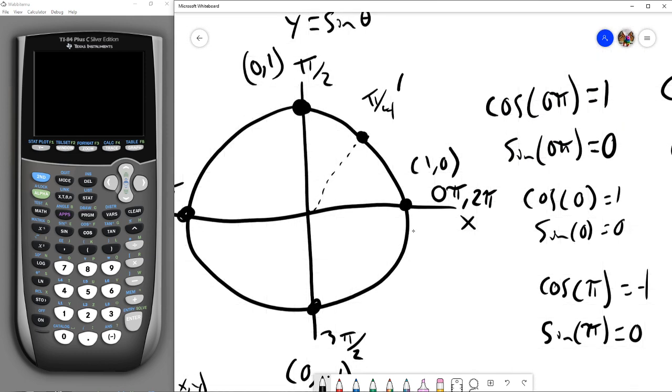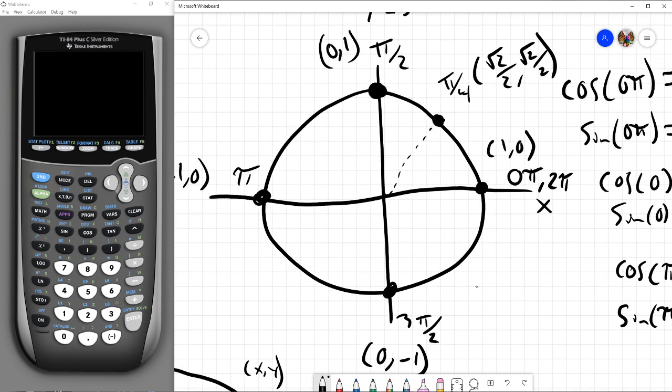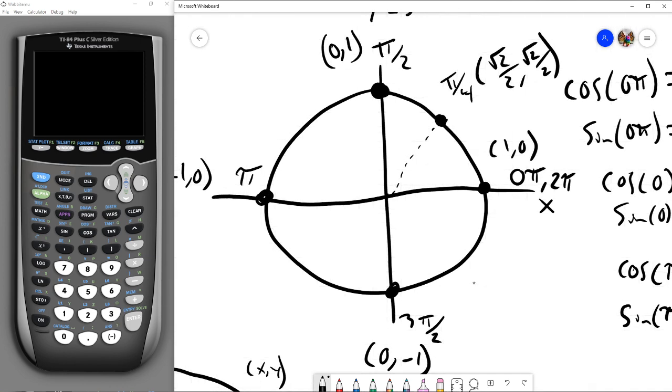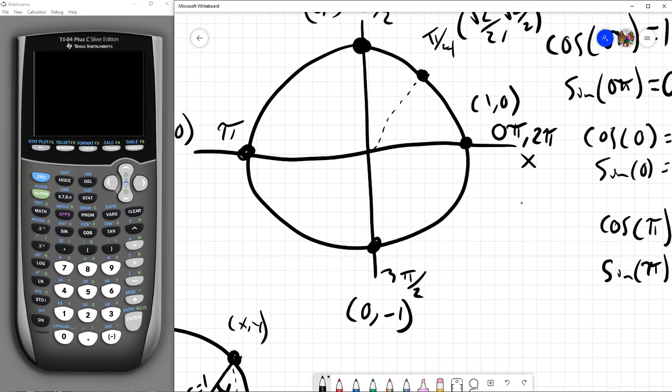So our coordinate here is square root 2 over 2, comma, square root 2 over 2. Now that's looking quite nice. So that tells us that cosine of pi over 4 and sine of pi over 4 are both equal to square root 2 over 2. This is exciting. Look at all those numbers.